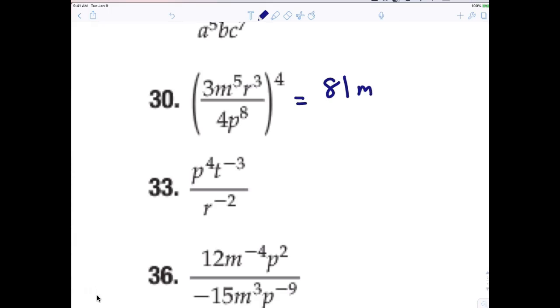Yep. Now, do you know what 4 to the 4th is? No. 16 squared is 256. Yes, p to the 32nd.